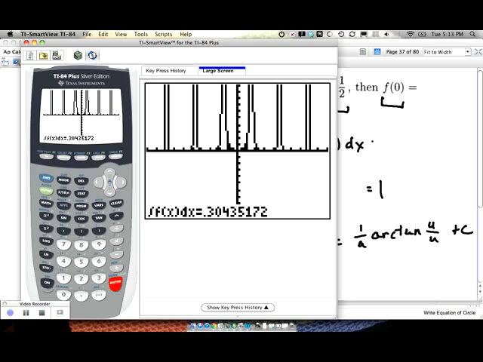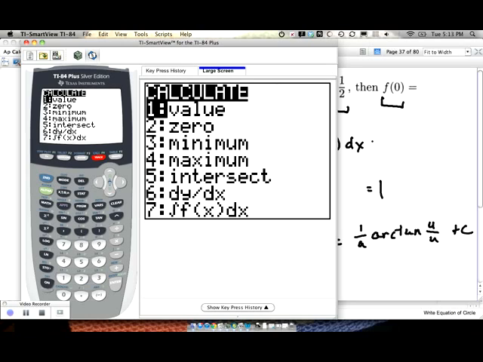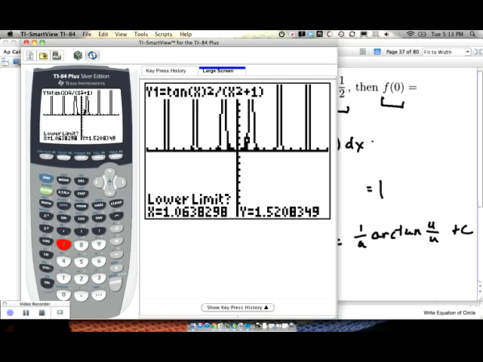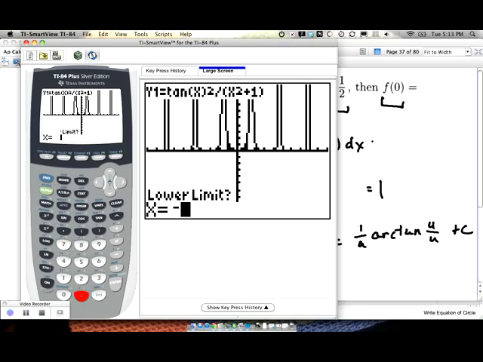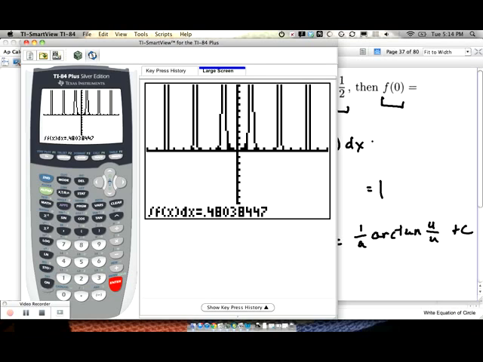Well, that's kind of weird. Let's say I went from -0.75 to 1, second, calculate, the integral with my lower limit of -0.75. That gives me about 0.48.